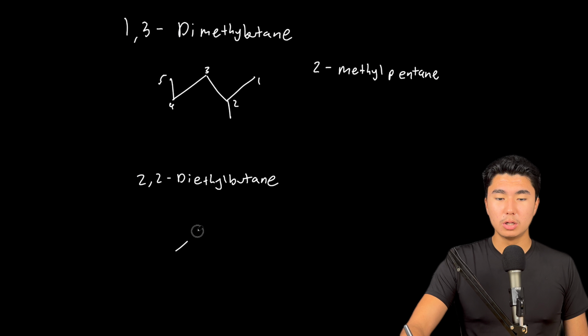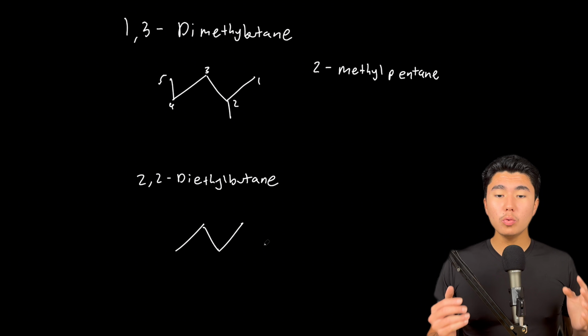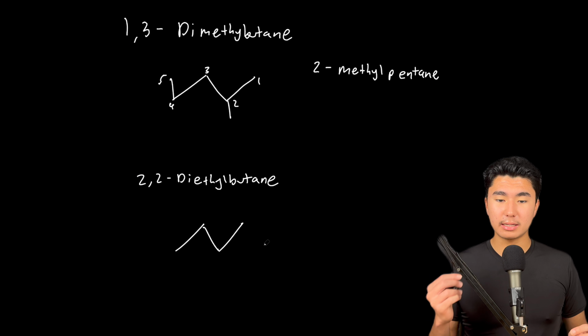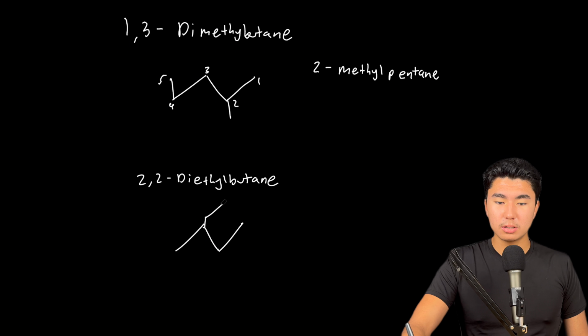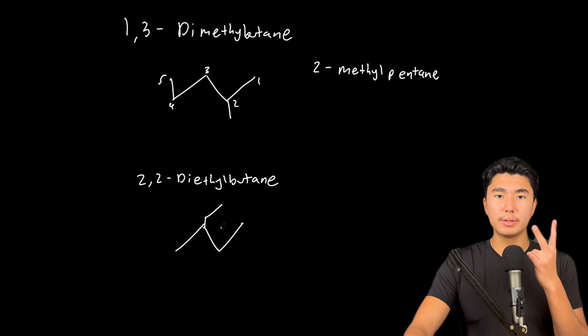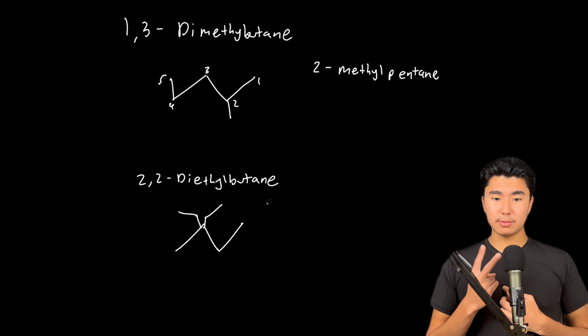So let's draw 1, 2, 3, 4. We have 4 carbons right here, and we have 2 ethyl groups at the 2nd carbon. So we have 1, 2. Ethyl is going to look something like this because it has 2 carbons. So over here we'd have something like this, since we have 2 of those ethyl groups.